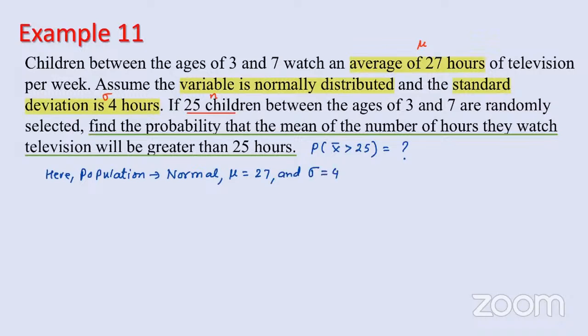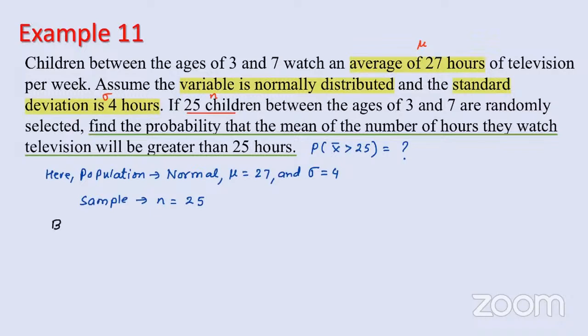That is what we know. About the sample, we know the sample size. Sample size is 25, right? We know that. And once we have this information, we can say from the central limit theorem, let's write this down.